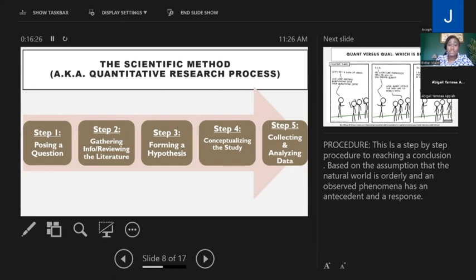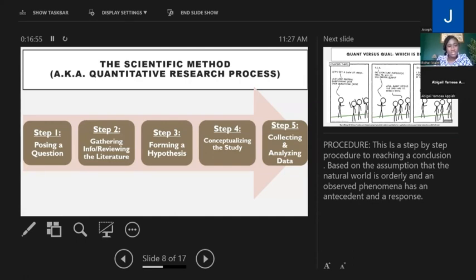For the qualitative research, I did not include that because based on the previous presentations, conversations and discussions have been done on that. But when you focus on the quantitative research process, there seems to be a standardized, uniform, step-by-step process, right? You cannot do step 3 before doing step 1. You cannot do step 3 before doing step 2.